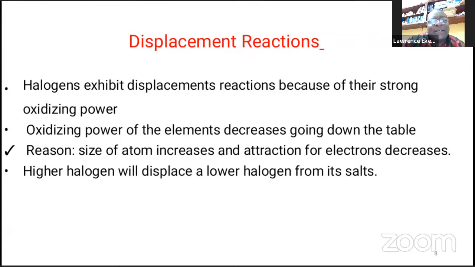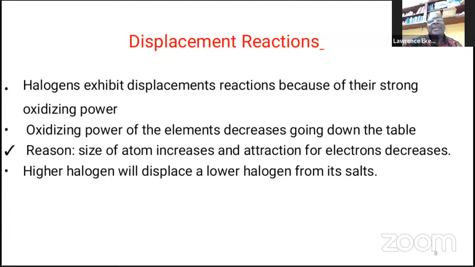I've explained this severally. The reason for this is the size of the atoms. Remember, we said that the atomic radius increases down the group, because as you have more energy levels, the shells increase. And because the size increases down the group, the oxidizing power decreases down the group.